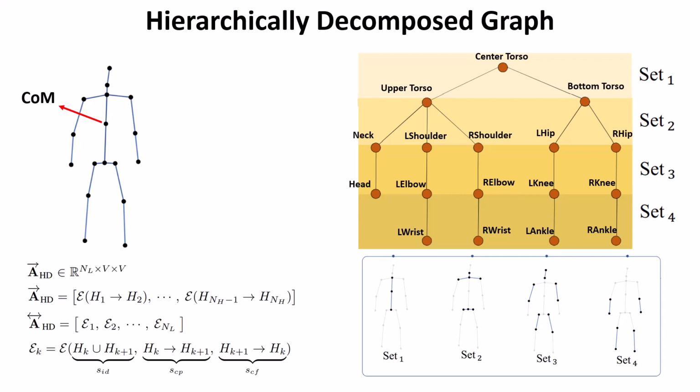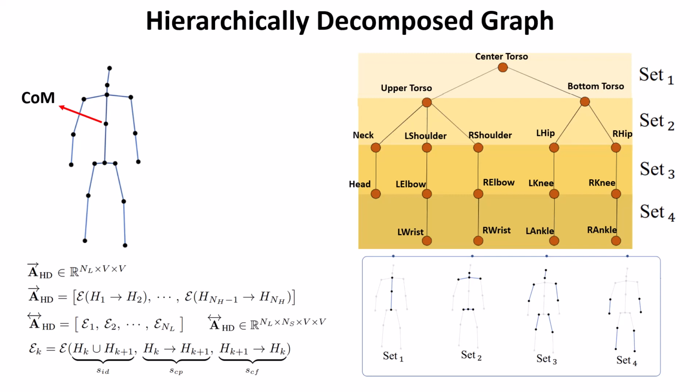It is an edge set but composed from 3 different subsets. The first one is identity edges, which as I said just connects one node to itself. The second one is actually centrifugal, but they made a typo in the paper and called it CP, which stands for centripetal. And the last one is actually centripetal, that connects children to the parents. And once we have these 3 different subsets, then we can represent the adjacency matrix by this 4-dimensional tensor, which says I have N_L edge sets, I have 4 edge sets.